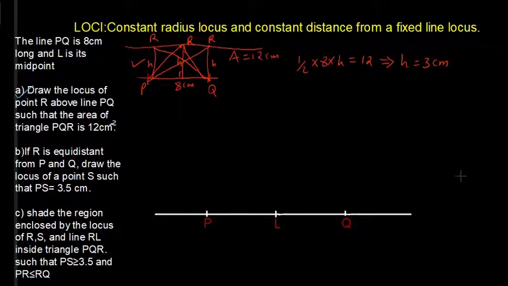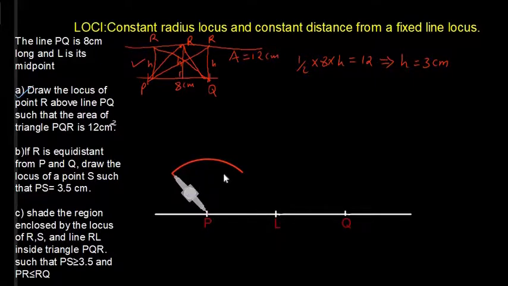So we are going to take a pair of compasses. So we put the pair of compasses at point P, so one end at point P, and ensure first of all that the radius of the pair of compasses is 3 centimeters. So once you've measured that and placed the end at point P as shown, the next thing is to draw an arc right up there like that.